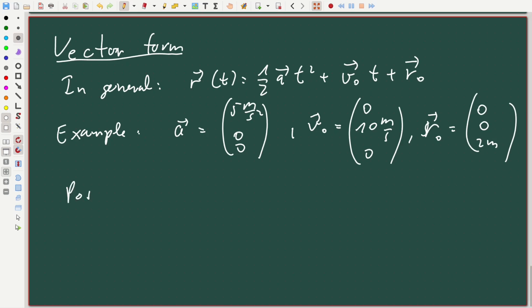Then the position at any time, for example t equal to 5 seconds, would be given as r of t.